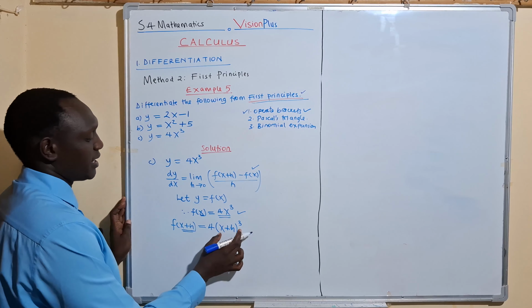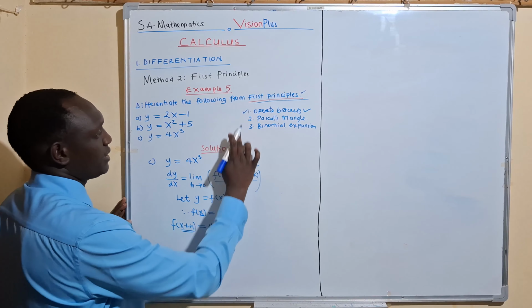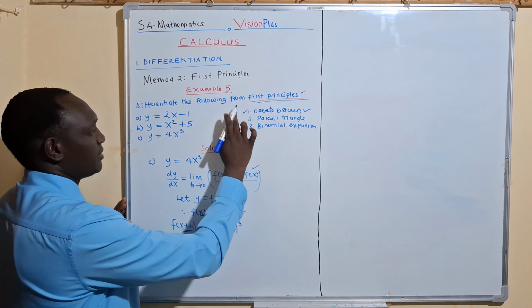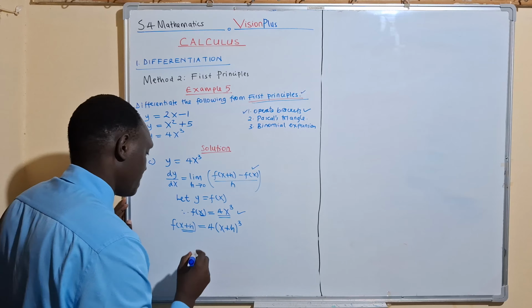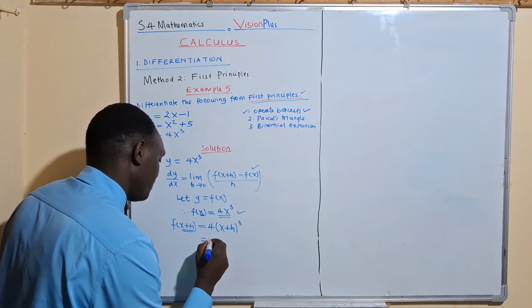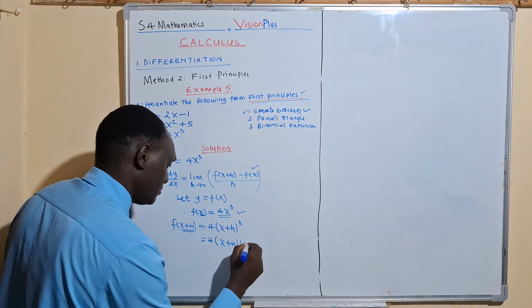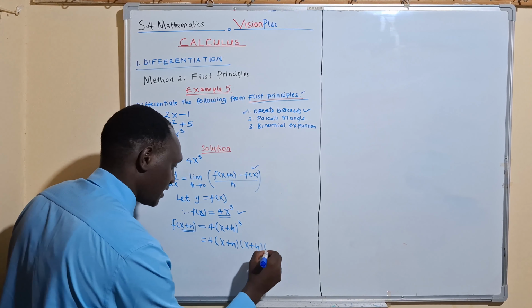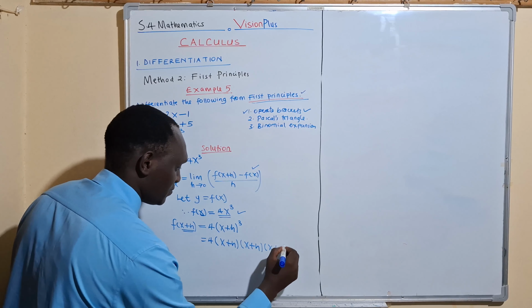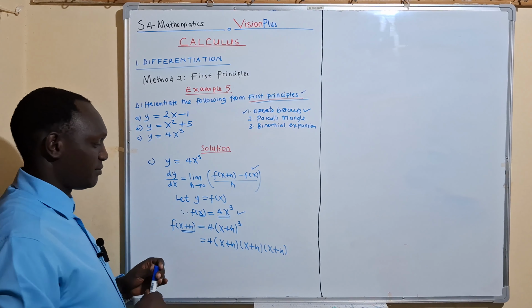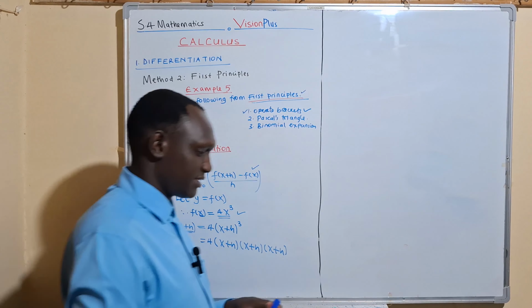So we need to expand this now using one of the 3 methods. But let us operate the brackets, so that we shall have 4 times x plus h, again times x plus h, and again times x plus h. We are multiplying the bracket by itself 3 times.